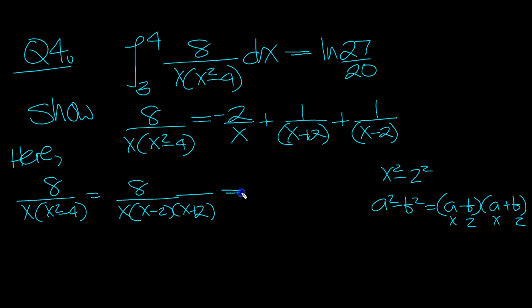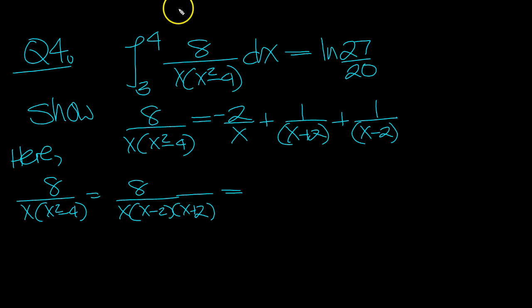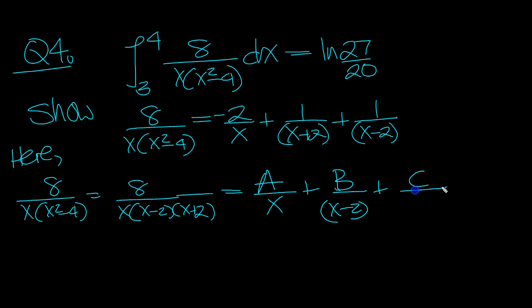Okay, so now we've got linear factors. We can just use the linear factor rule, can't we? So it would equal a over the first linear factor plus b over the second plus c over the third.